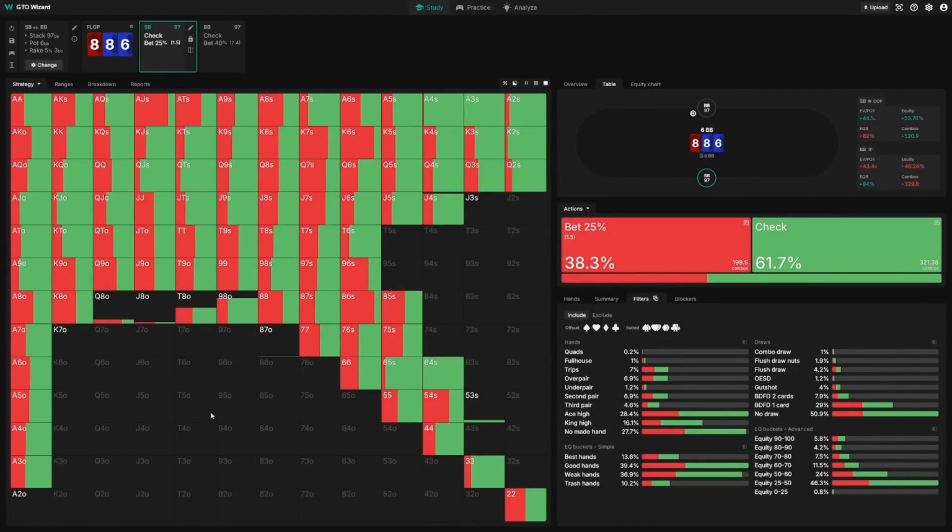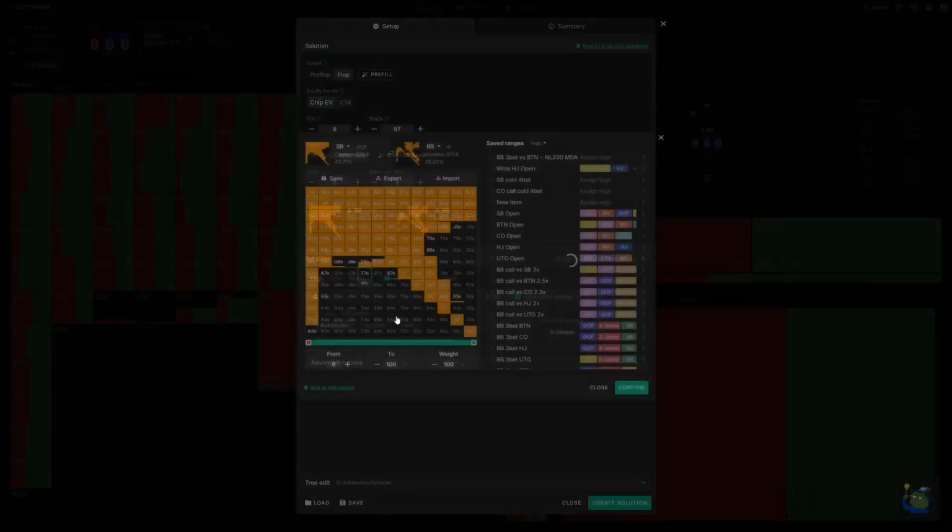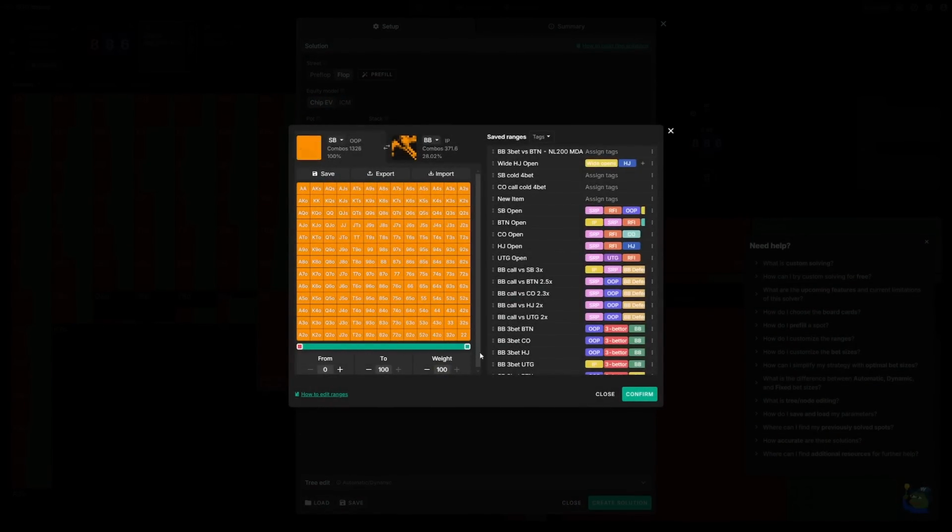Going back to the GTO simulation here, where 8s is supposed to be betting 60% of the time, we can try some different experiments. So we've seen what happens if we plug in only our hole cards. What if we change the assumption? What if we assign a range of any two cards? What this actually represents is we're saying big blind believes we're super wide. We just open any two.